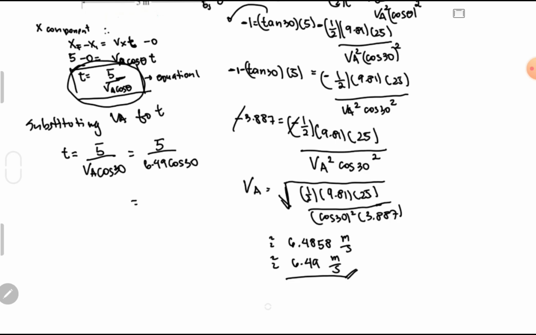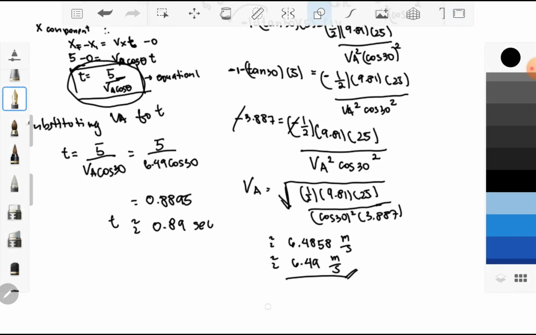So our t is equal to 5 divided by 6.49 cosine 30, which is equal to 0.8895, or approximately 0.89 seconds. This is our time. Okay, so that would be our answer.